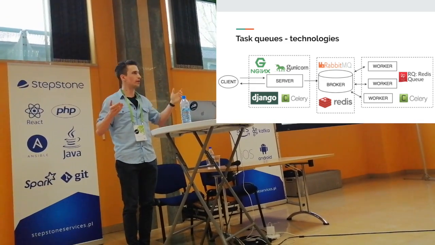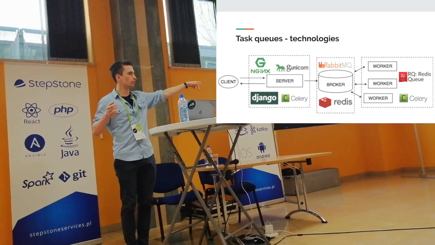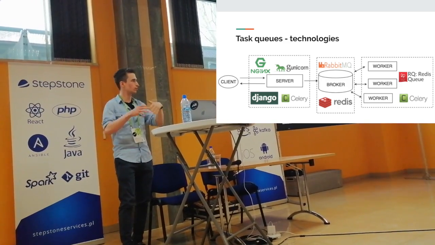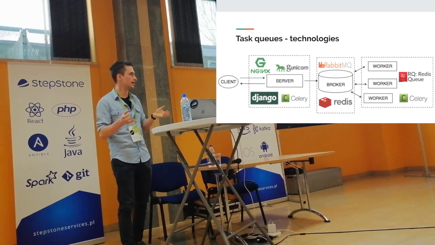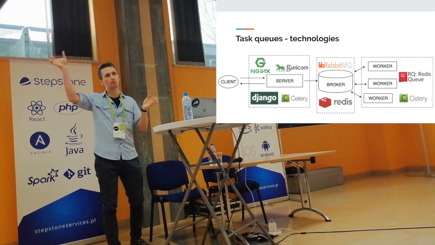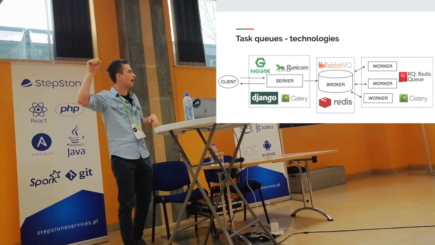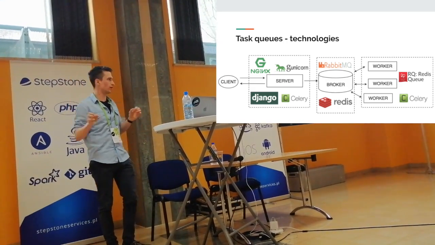And by consumer, I mean the code that is running on the worker, in the worker process. So Celery provides those worker processes where the consumer's code is running. And in Celery, it's just a simple decorator in Python, like app.task. And here we go, we've got your consumer code.